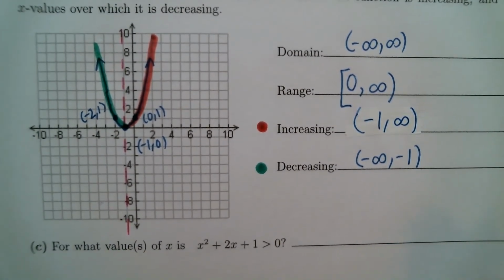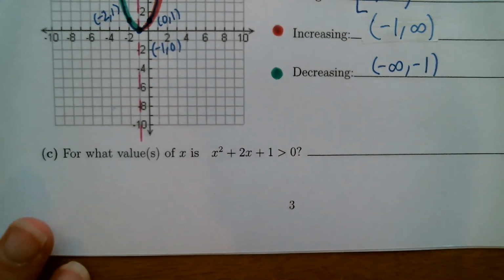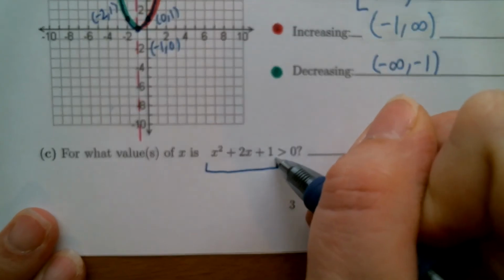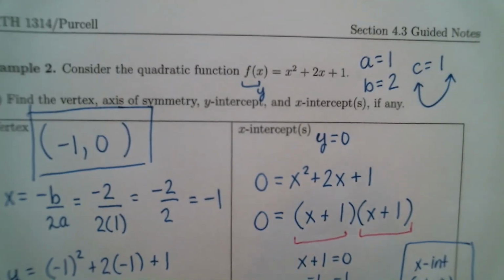All right, part C is that inequality that I'm throwing in from section 4.5. For what values of x is x squared plus 2x plus 1 greater than 0? Again, notice this is f of x, your original function.